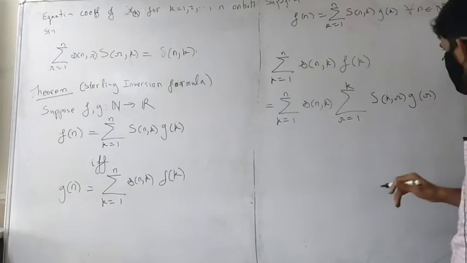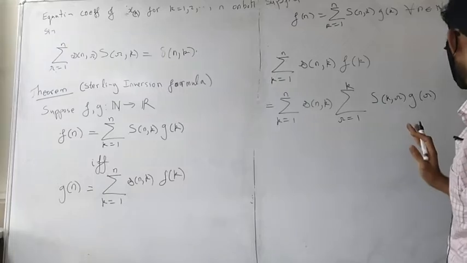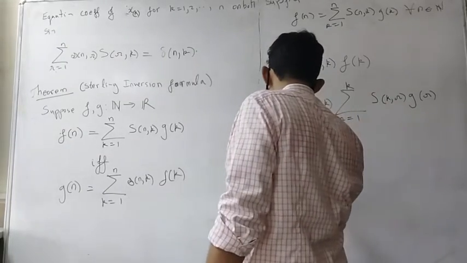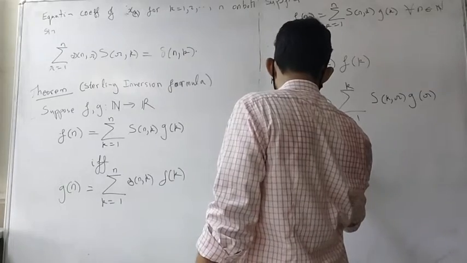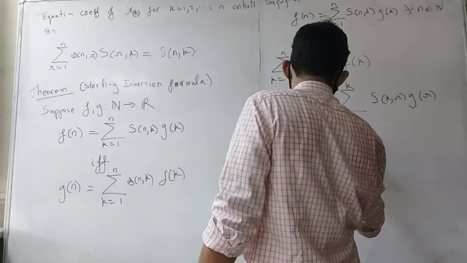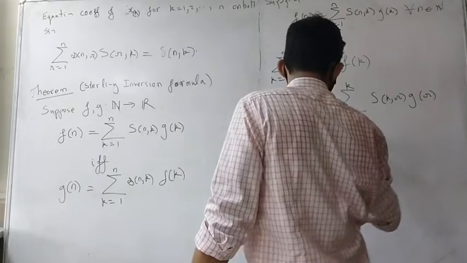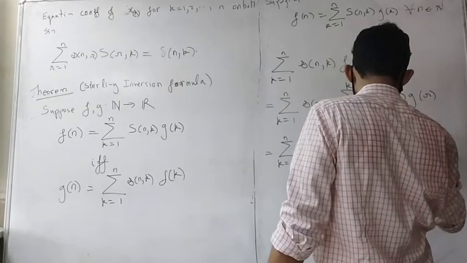Yes. In place of n I have to put k, in place of k I have to put r. Multiply this throughout to give us summation k going from 1 to n, summation r going from 1 to k, small s n comma k, capital S k comma r, g r.